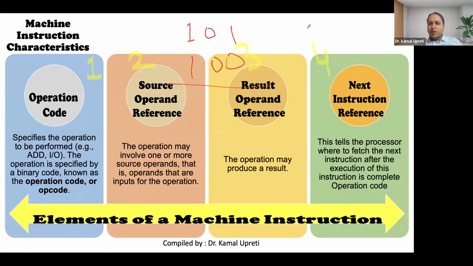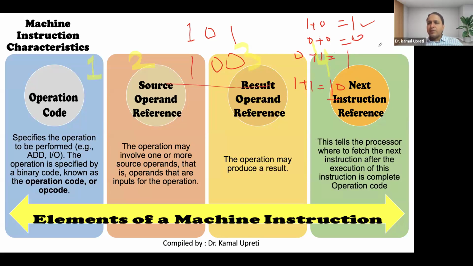It has 4 rules. 1 plus 0 becomes 1. 0 plus 0 becomes 0. 0 plus 1 becomes 1. 1 plus 1 becomes 0, carry 1. Please understand, these are the 4 rules for performing an addition.